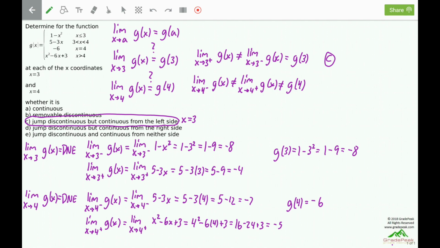Since the left and right side limits do not match each other, we have a jump discontinuity, but because g of 4 doesn't equal either the left or the right limits, we have that it's continuous from neither side. We will have situation E, and we have that it is jump discontinuous and continuous from neither side at the x-coordinate of 4.